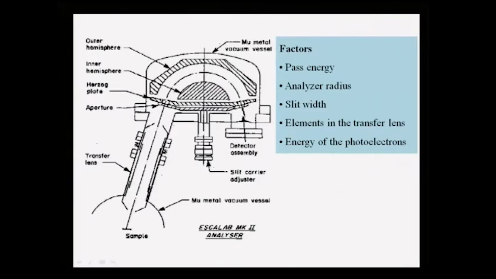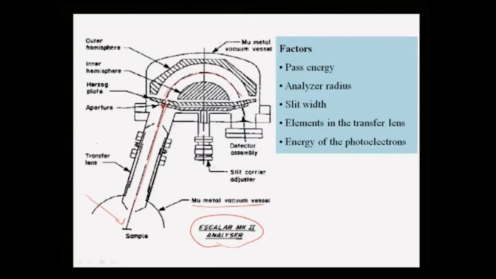I am showing you a schematic picture which I obtained, not very good, but it can be seen here. This is present in the Escalab MK2 analyzer. You have a metal vacuum vessel, the sample is here, and the X-ray falls like this and the photoelectrons are transferred there, and then there are different plates. There is an aperture here through which electrons pass.